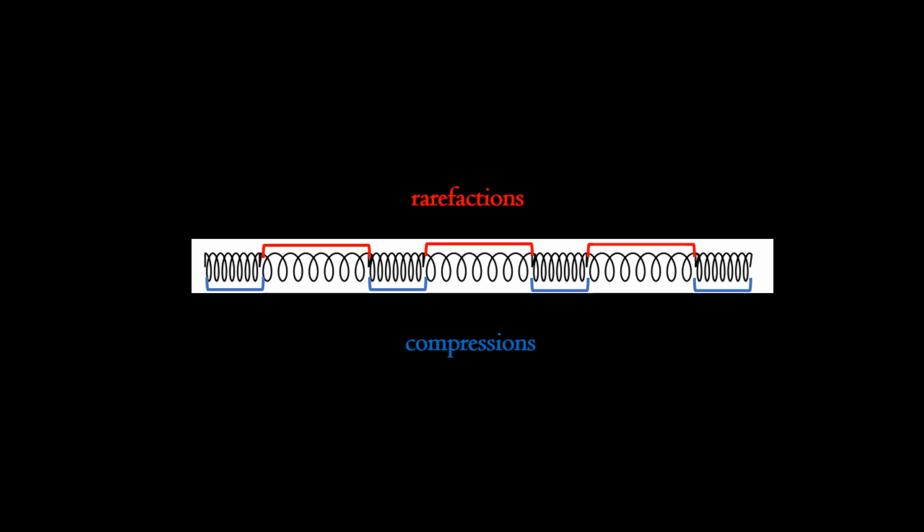Longitudinal waves are referred to as pressure waves because they have regions of high pressure where the particles are closer together, referred to as compressions, and regions of low pressure where the particles are far apart from each other, referred to as rarefactions.